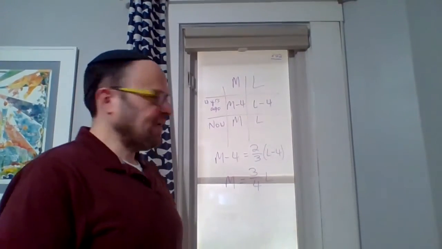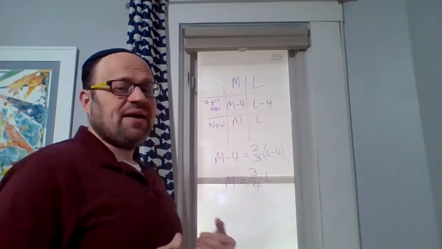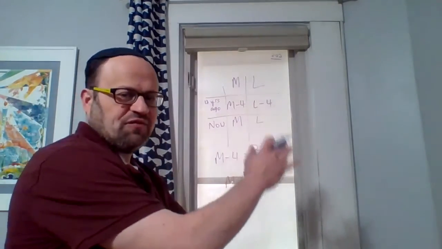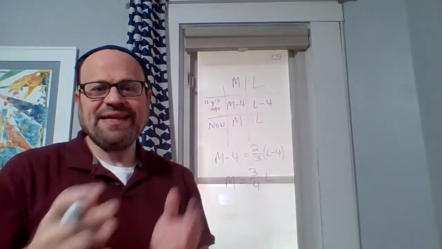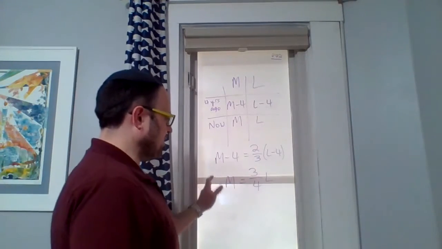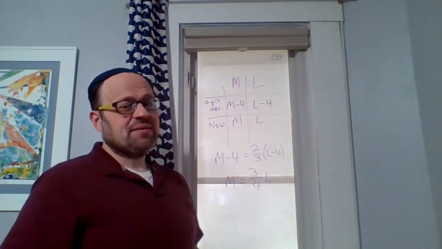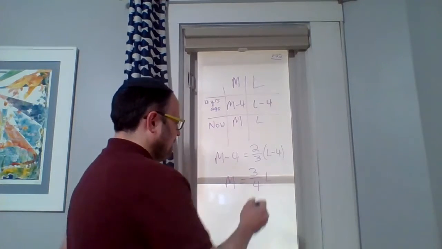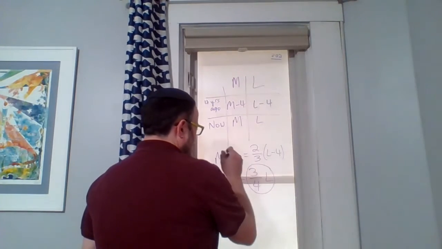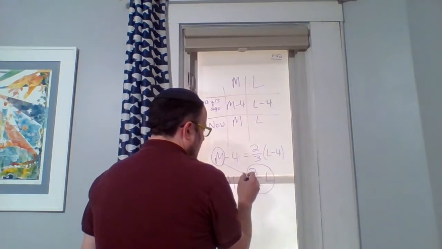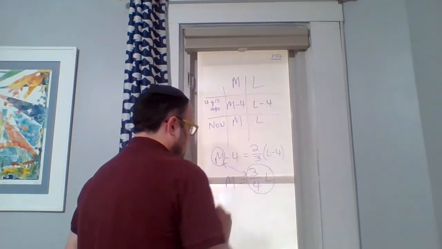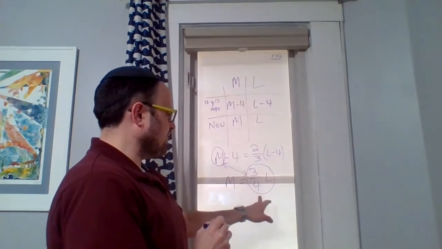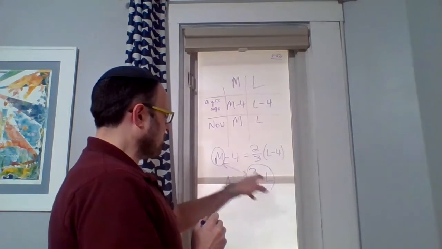We have our two equations. Now we have converted the wording of the problem into two equations. Now the question is how to combine them, how to simplify. So what I want you to see for a problem like this, since M equals 3/4 L, let's just swap it out.